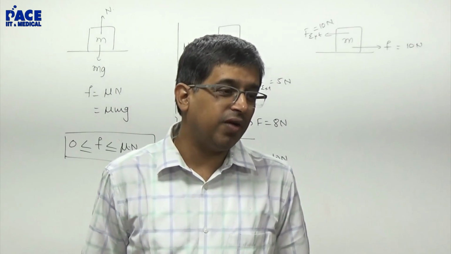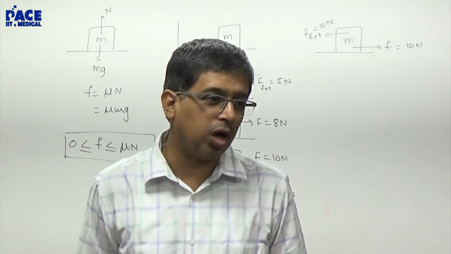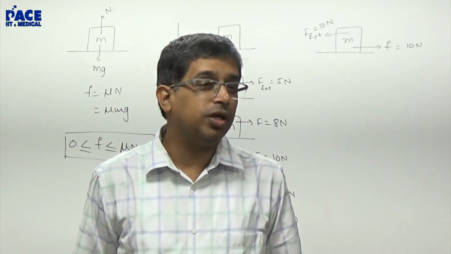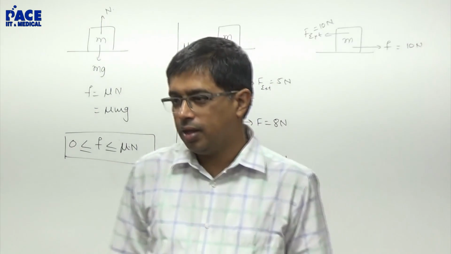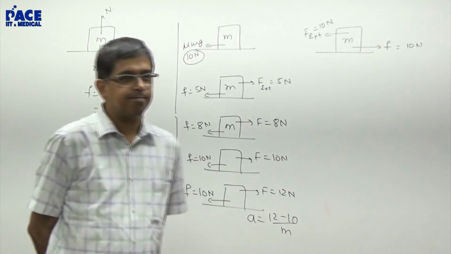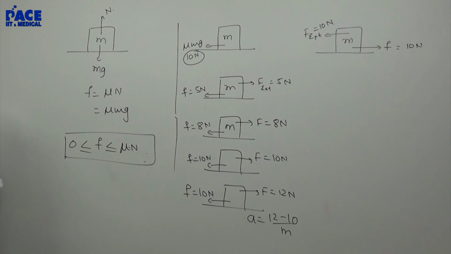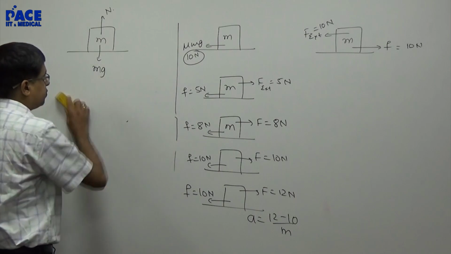That's the reason why they use spikes to walk on ice, so that mu will be greater. So what is the logic behind using spikes? Mu will increase. Mu will depend purely on the nature of the surface.